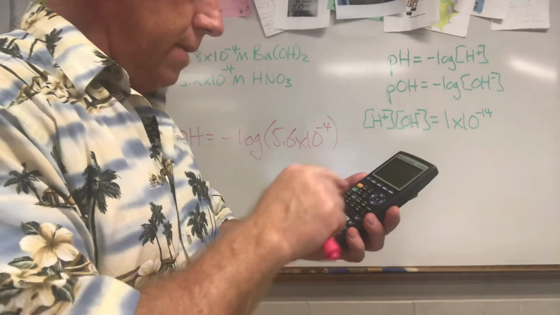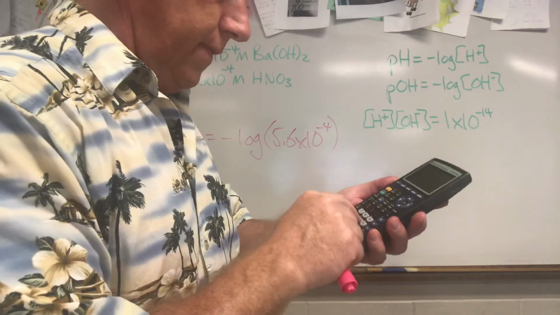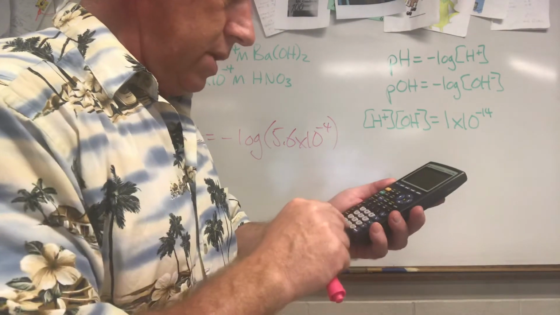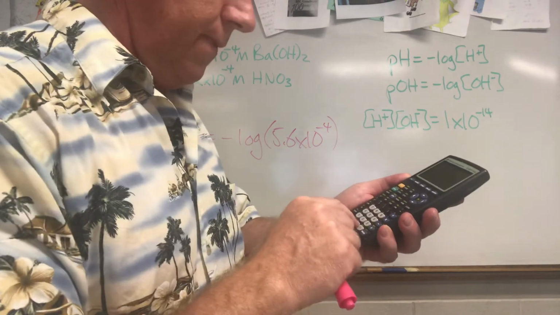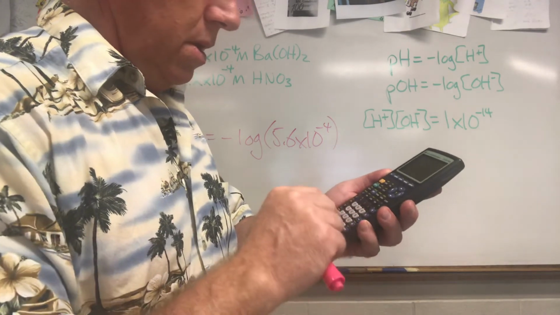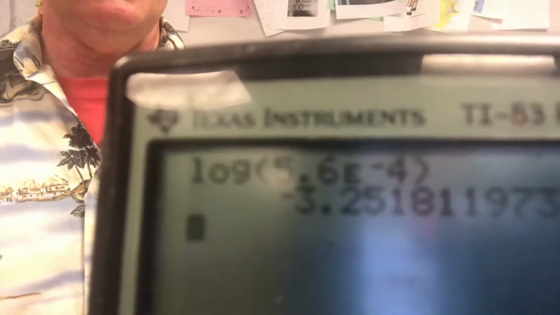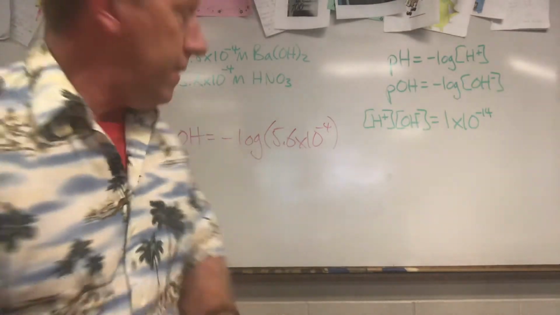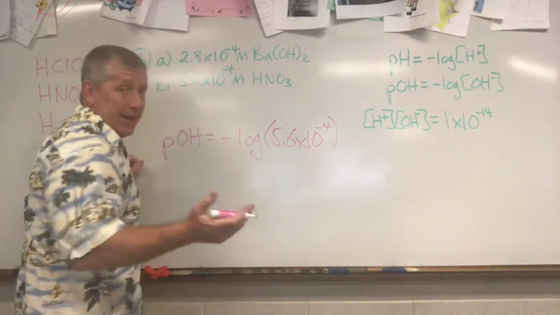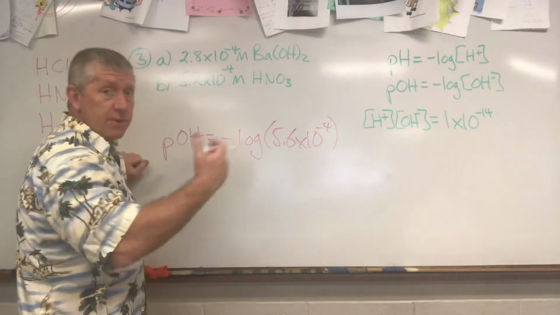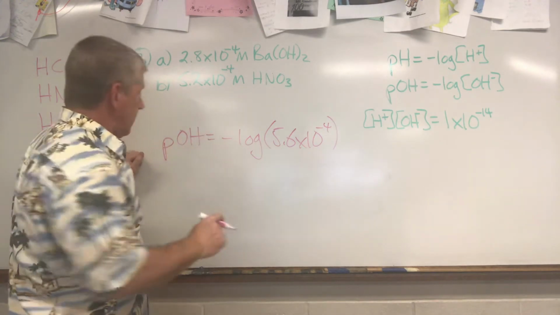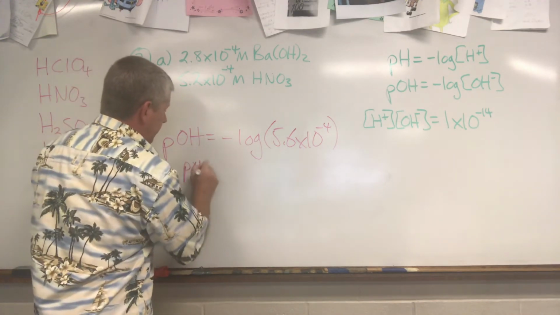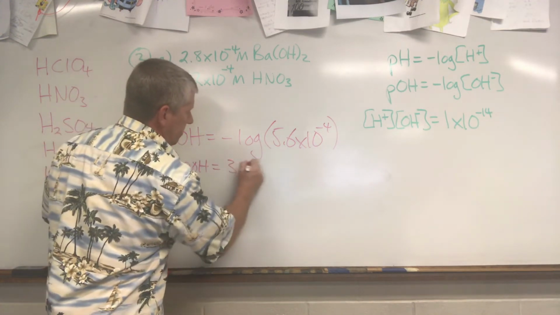We hit log, and then we hit 5.6, second function, exponent, negative 4. Logify that. All right, and I get negative 3.25. So we're going to get rid of the negative because this negative cancels out the negative on the calculator. So the pOH is 3.25.